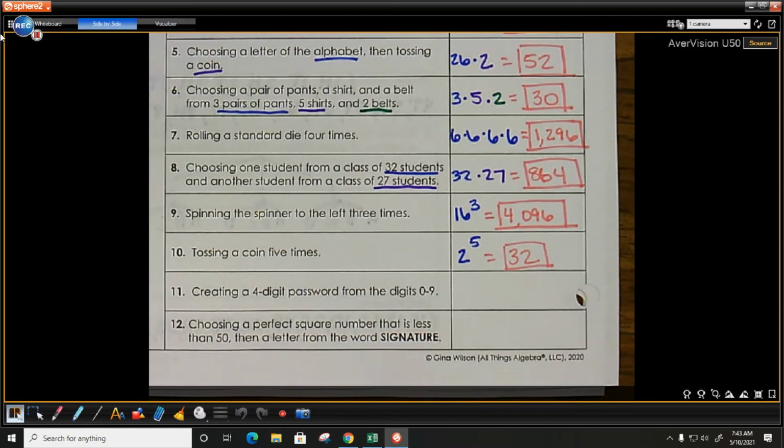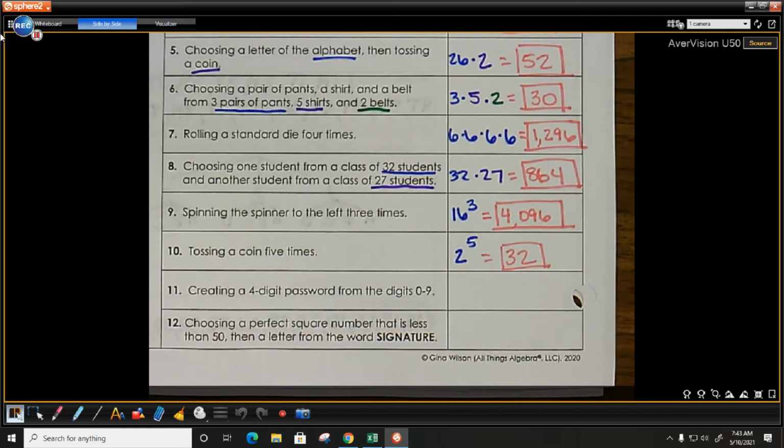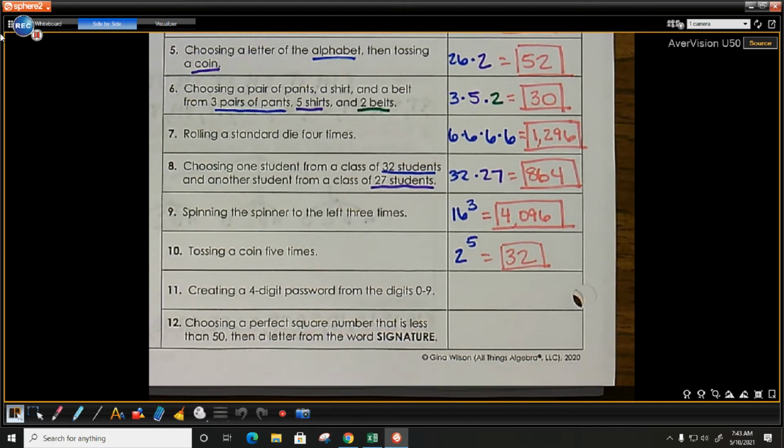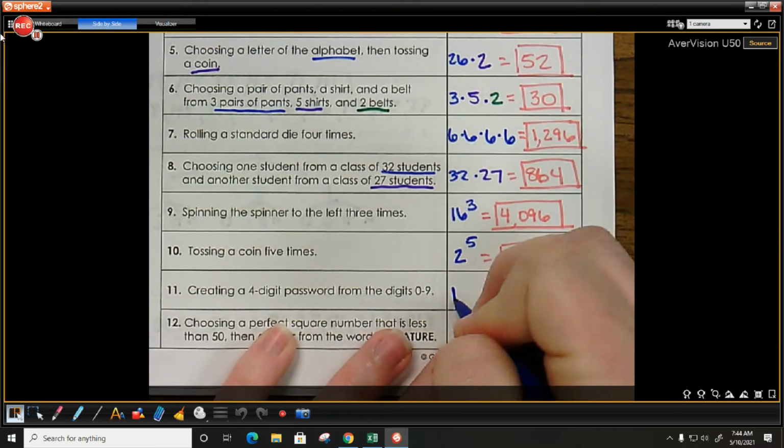Okay, creating a 4-digit password from 0 to 9. How many options are there for digit 1? 10. 0, 1, 2, 3, 4, 5, 6, 7, 8, 9. Okay, so there's 10 options for the first digit.